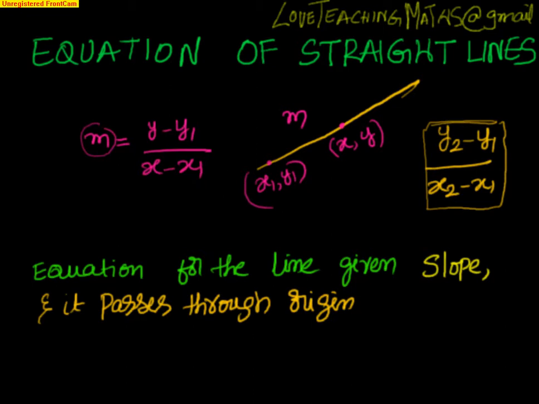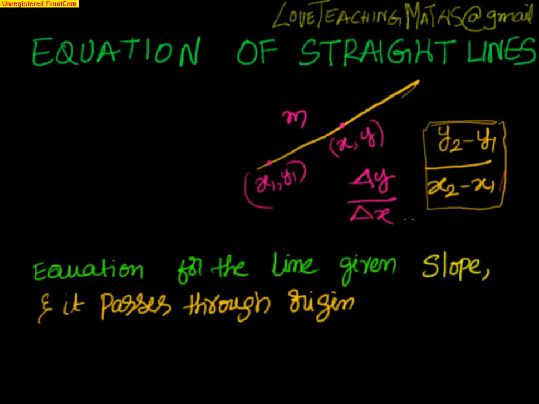Now the whole point I am trying to drive home here is that the whole concept of equations always revolves around one single point, that is, my slope is always constant for the line. So that means if I am able to find out the points on the line, then I can equate them by this formula, and to be generic, delta y by delta x, because I don't know whether they are y1s or y2s.